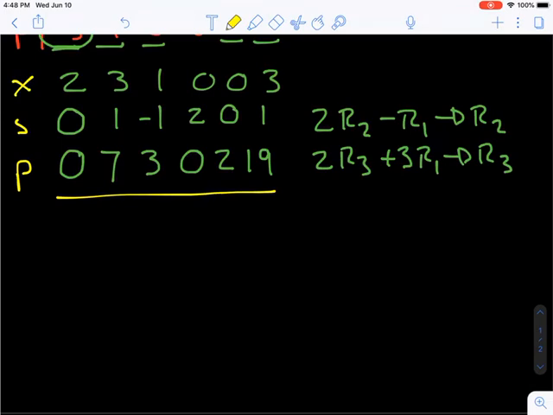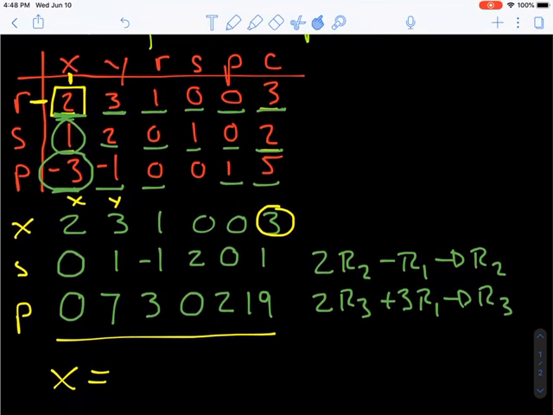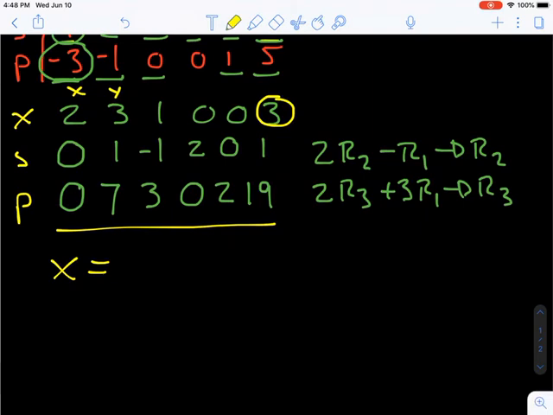So we start with the active variables. X is equal to, we take the constant, and then this was the X column, the Y column, and then the, I believe it was R and S, and P. So X is equal to 3 divided by 2. S is an active variable. That would be 1 divided by 2.